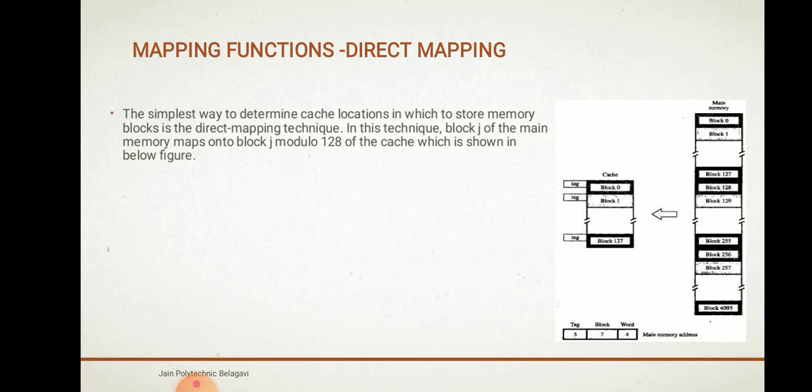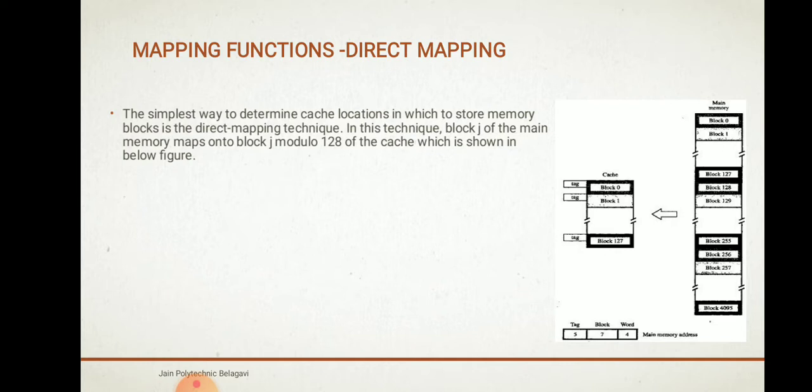I want to store these blocks into the blocks of the cache. So this can be done by using the formula. That is, block J of the main memory maps into block J modulo 128. Means block number J will be stored into the cache block whose number is J modulo 128.